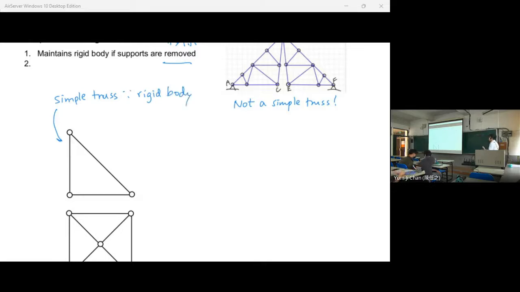Now let's say we have 3 points, A, B, and C. So we want to look at how many members we have and how many joints we have.